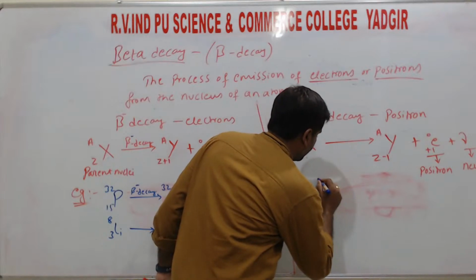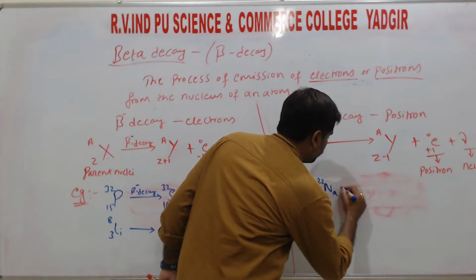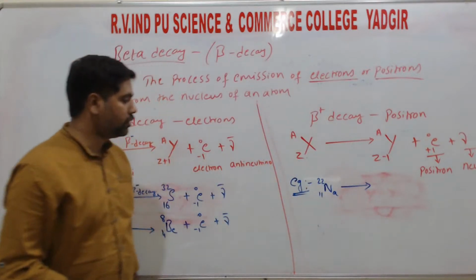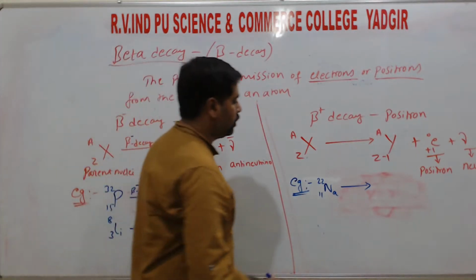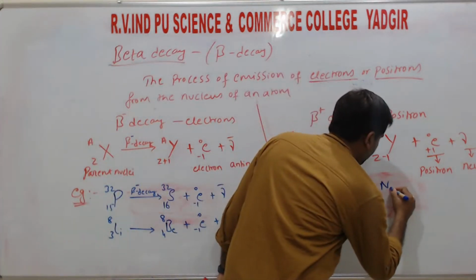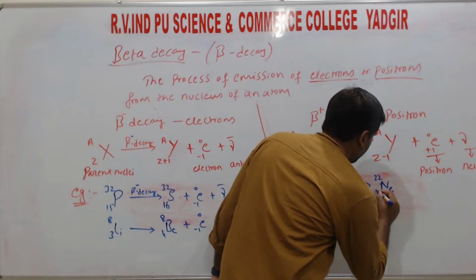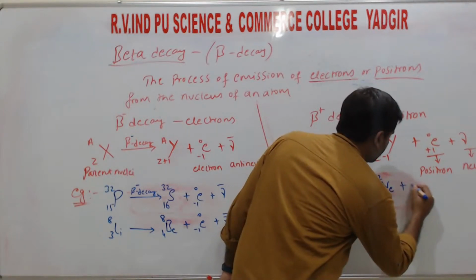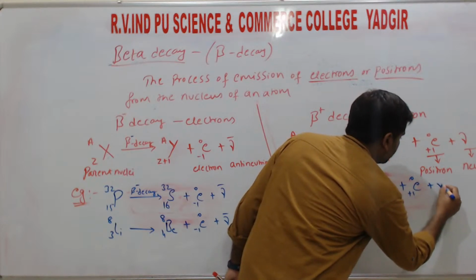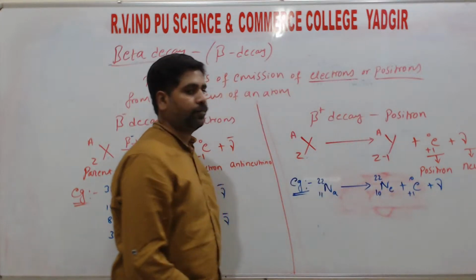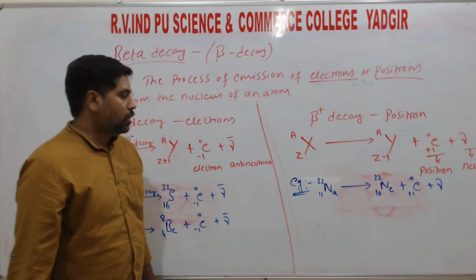Sodium 22 with atomic number 11, as it undergoes beta plus decay, we get neon, the mass number remains the same, and it becomes 10, plus a positron, 0 plus 1 e.